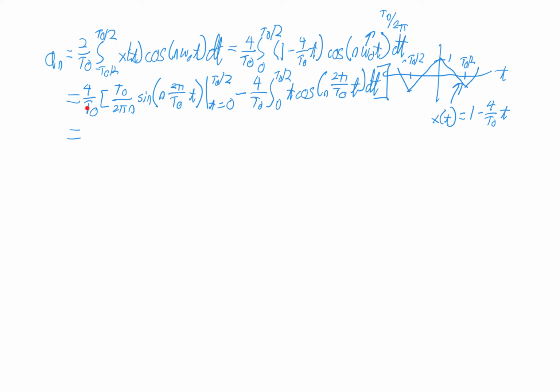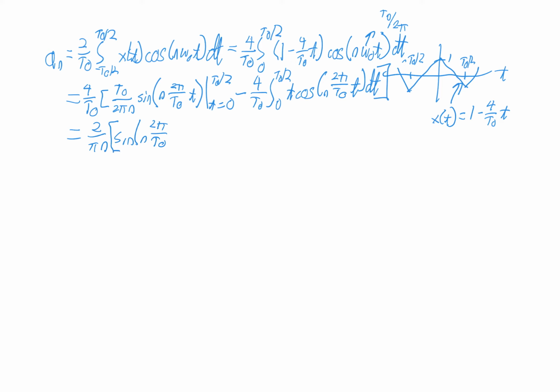And now we can work this expression and simplify it further. Multiplying this 4 over t naught into the first expression, we get 2 over pi n, and then we have sine of n 2 pi over t naught. And now let's evaluate the indefinite integral and make it definite.